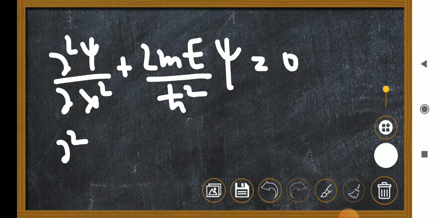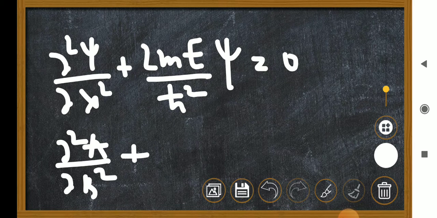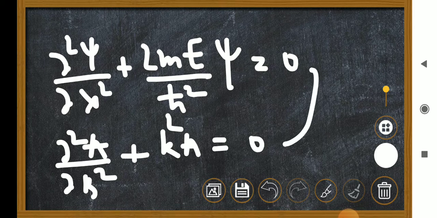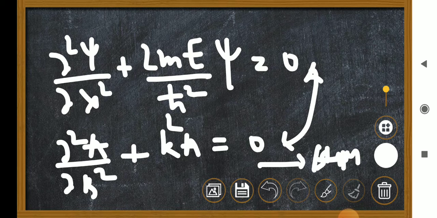Del square a by del b square plus k square equals 0, because these two have similarity to a simple harmonic motion, or a harmonic equation particularly.